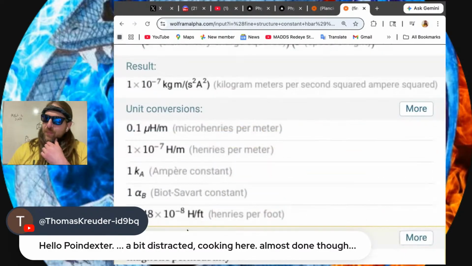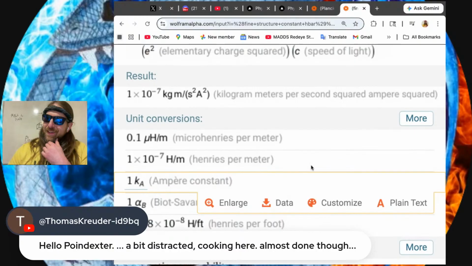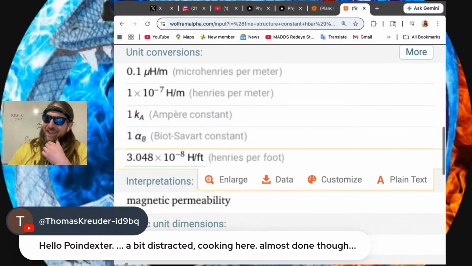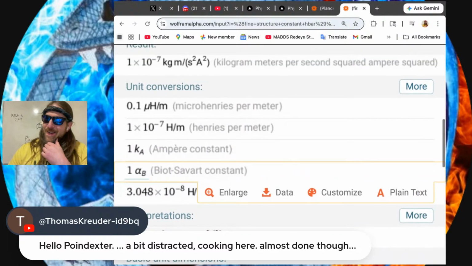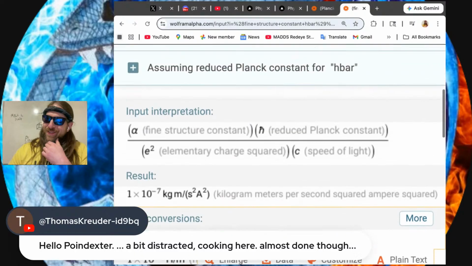Okay, and that gives us Ampere's constant. That is interesting. Oh, thank you. I did not know this relationship.